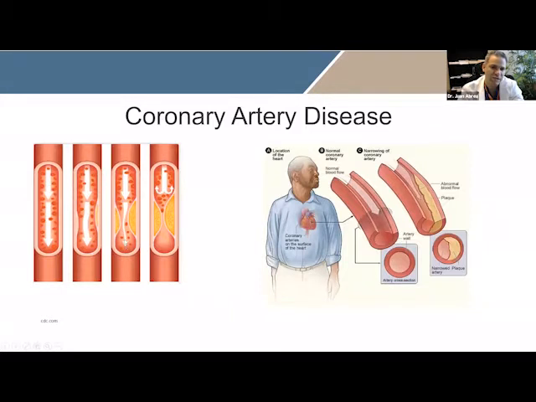And one day there's going to be a little plaque, a little erosion here, and then the cells that act like the policemen of our body are going to say, oh, there's a little injury there. Let's go there, everyone, and try to fix it up. So they come in here, they all aggregate together, and then they block it off. So that's how coronary disease progresses. It's a combination of damage to the lining of the blood vessel, fatty deposits, and accumulation of cells that cause inflammation. It's like a cycle that repeats over and over and over.